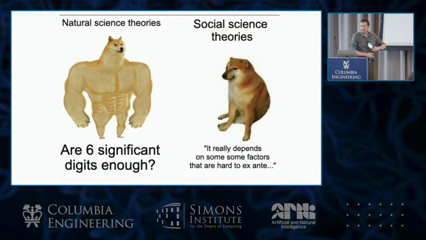And this is an embarrassment, I think, for the social sciences generally: you have natural science theories that make very, very sharp predictions, and in most social science it's like, well, it depends on a lot of factors, and I don't really have a great way of modeling that. It's all really disappointing in a lot of ways.